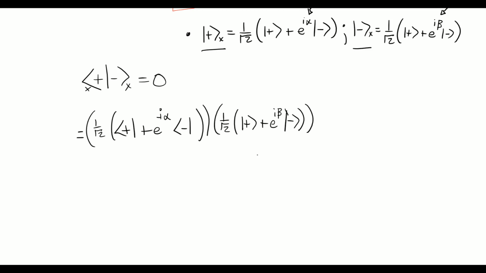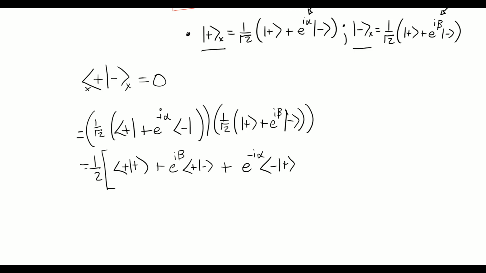If we multiply it through, this is going to be 1 over 2: plus with plus, then e to the i beta plus with minus, then plus e to the minus i alpha minus with plus, and plus e to the i beta minus alpha, minus with minus.